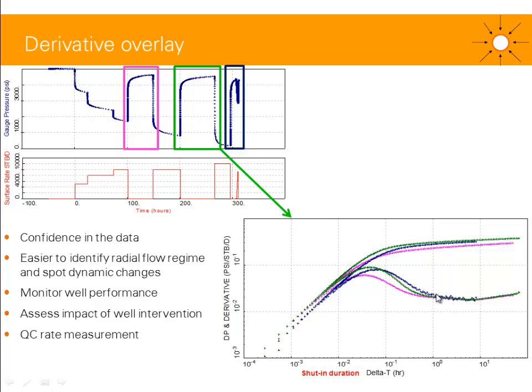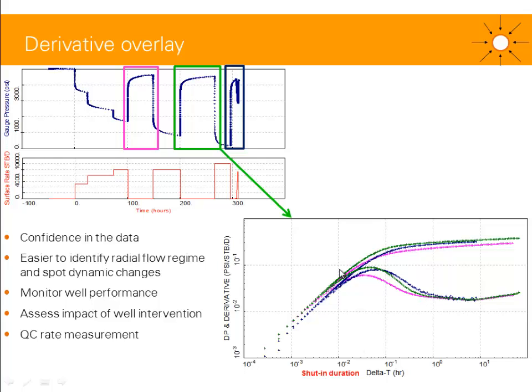And also you might argue that the derivative plot here is getting higher, which means that your k is getting decreased near wellbore at shorter delta T. And that could mean that you've got maybe gas breakout in the reservoir, reducing your effective permeability to oil.